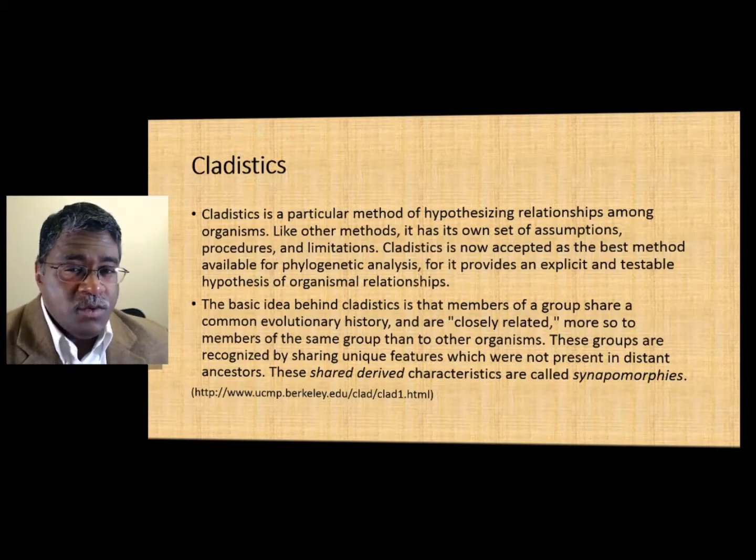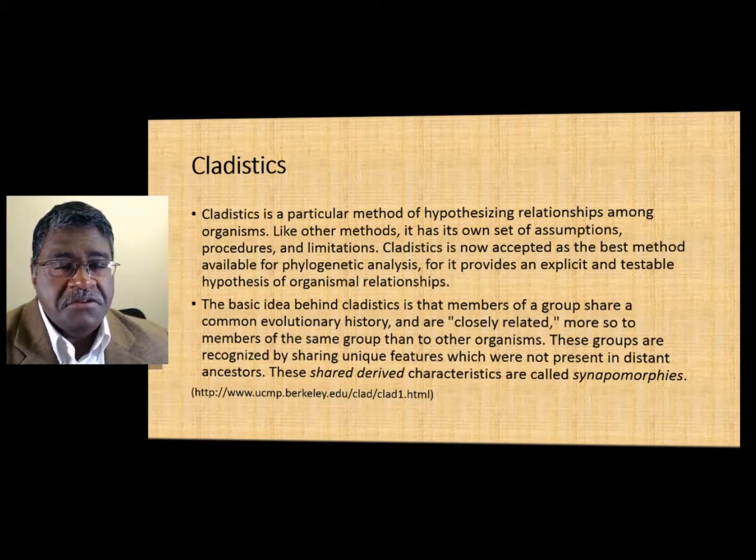They are related, we understand that, but that relation is more evolutionary, as opposed to saying, well, we're just going to clump everything because they have black hair, for example. So that's why the characteristics are shared, but the characteristics are also derived. And where are they derived from? They derive from a common ancestor.